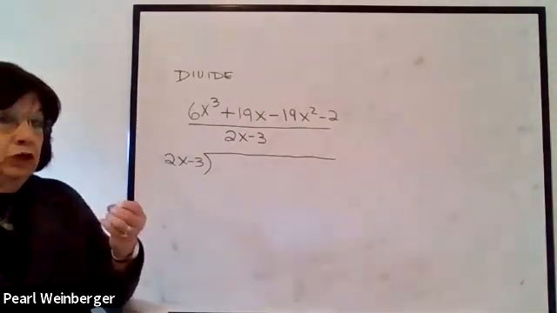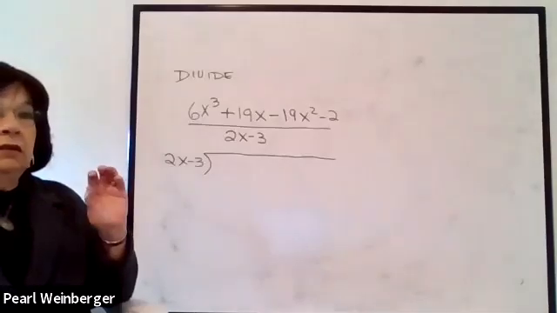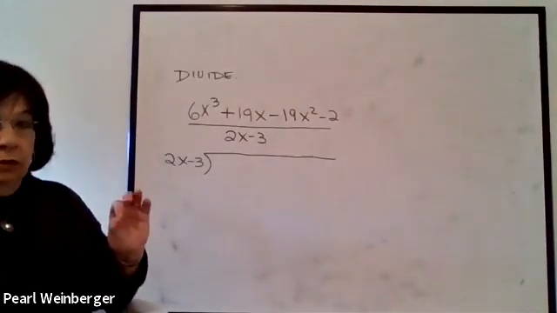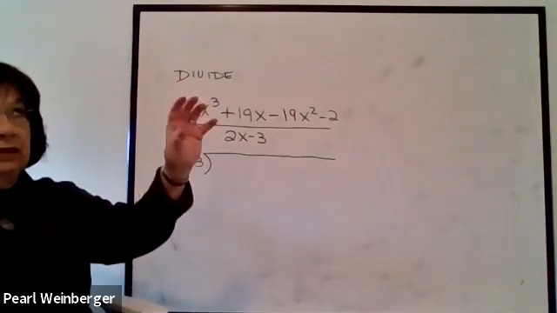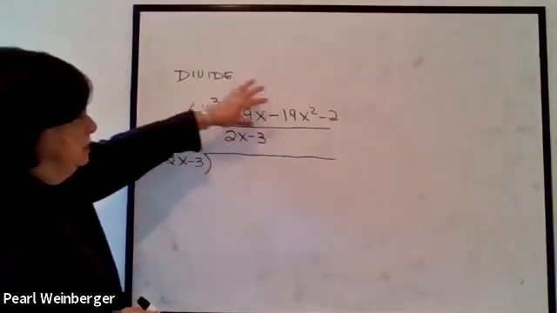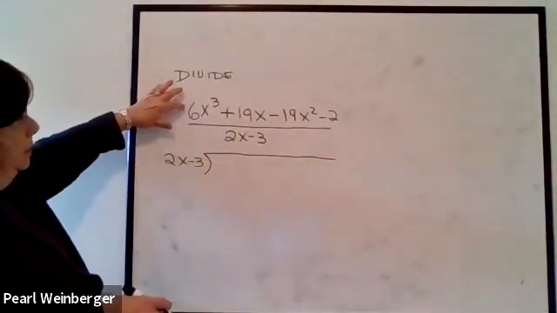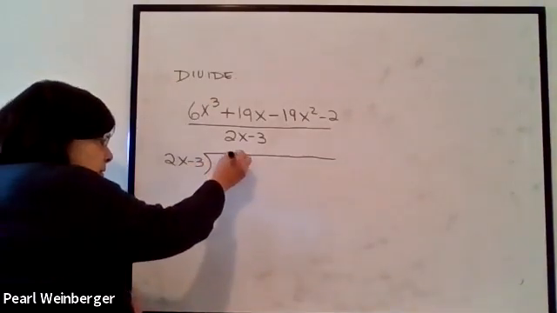You have to make sure that everything is in descending order. Descending order means highest power, next highest power, next highest power. If you look at this polynomial on top, our highest power is 6x to the third.